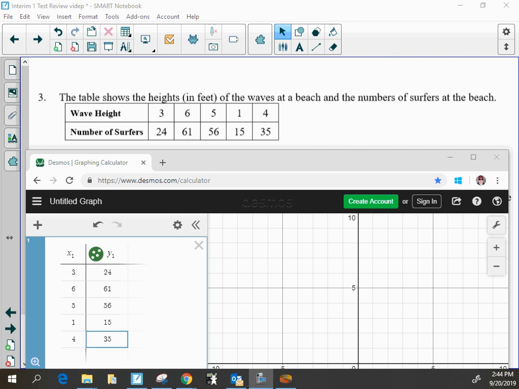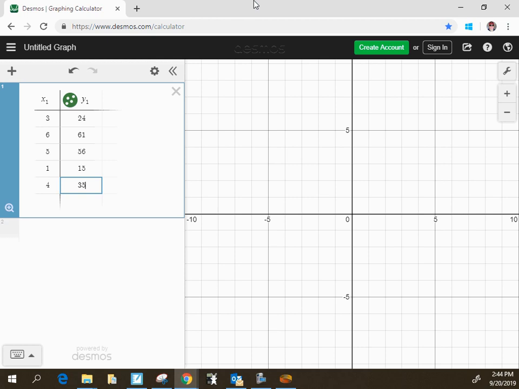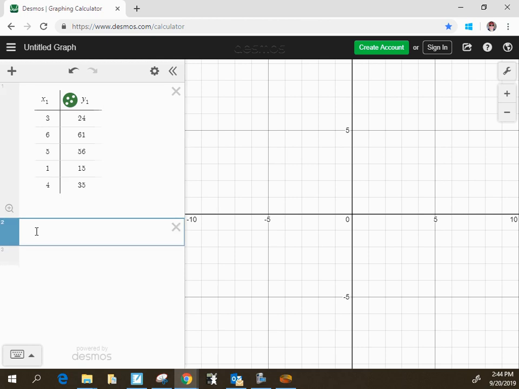And then once we have the data in, the first question was to find the line of best fit. And so the command to have Desmos find the line of best fit is y sub 1 tilde m x sub 1 plus b.